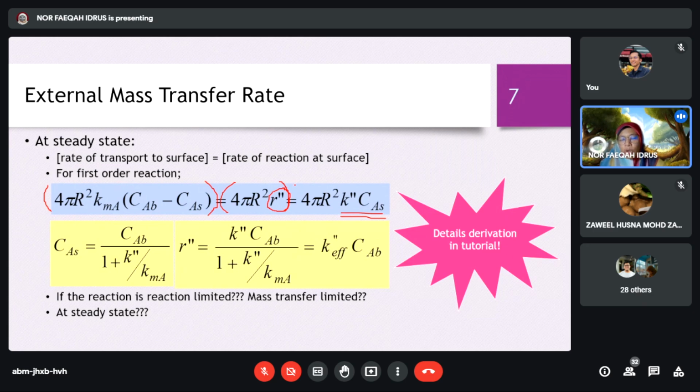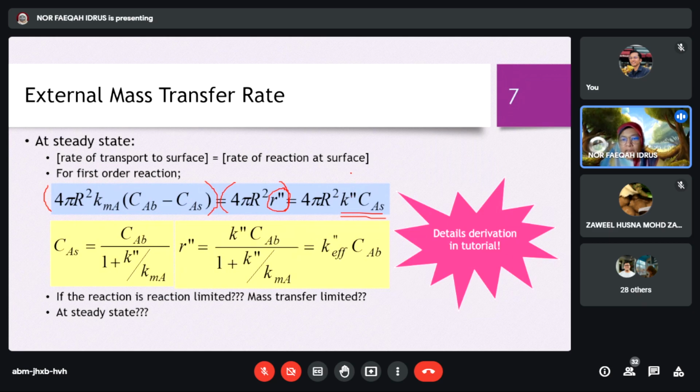Okay, so if we simplify the equation, 4 pi r squared k_m (C_AB minus C_AS) is also equal to 4 pi r squared k C_AS. So why is there a double prime here?